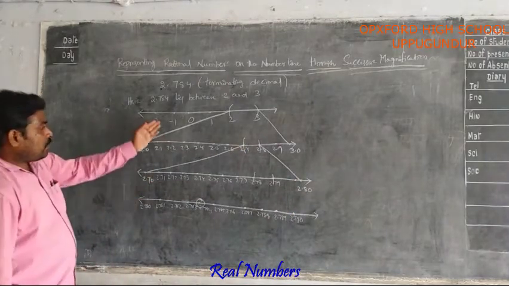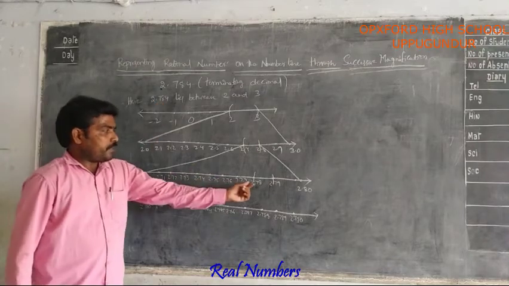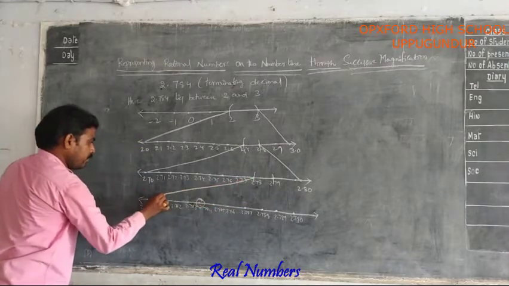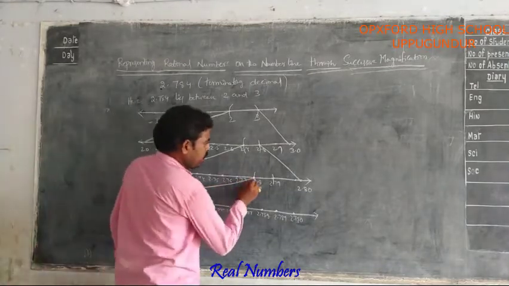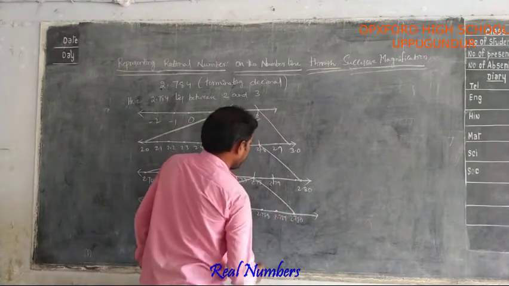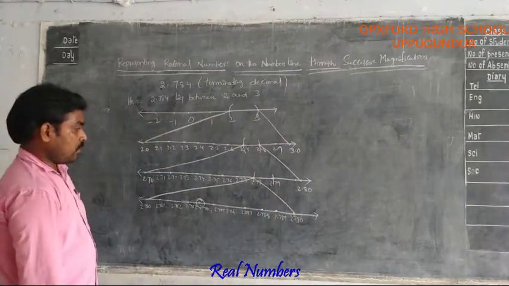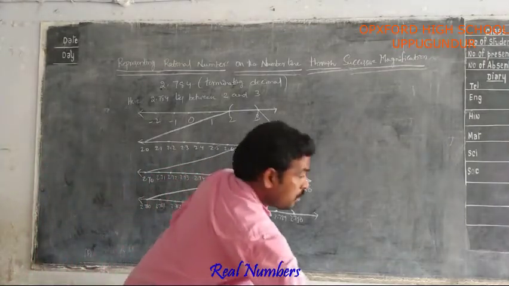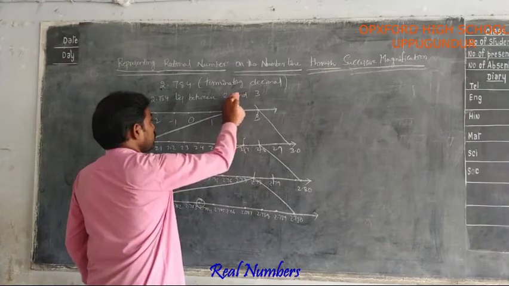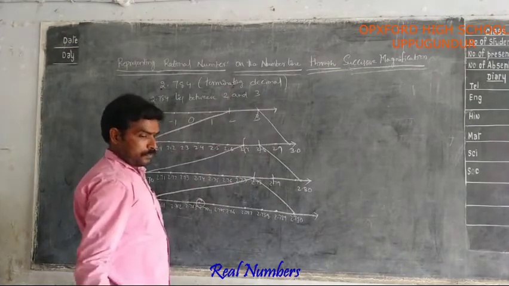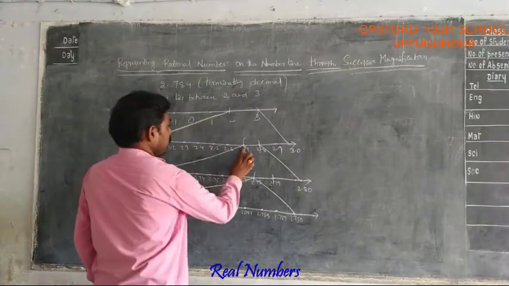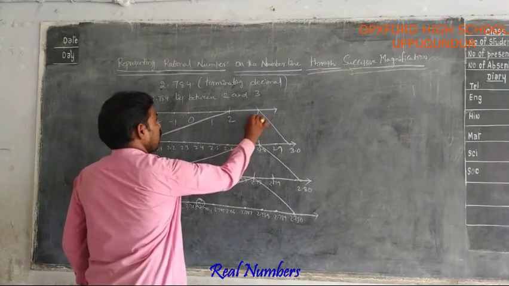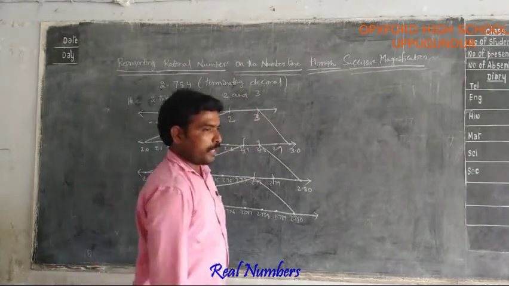Now again this value 2.784 lies between 2.78 and 2.79. We are dividing 2.78 and 2.79 into 10 equal parts. Now we are getting the value 2.784. So in this way you can represent this rational number, this terminating decimal, on the number line through successive magnification.